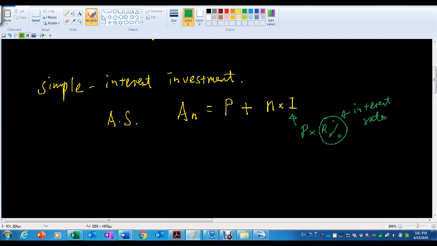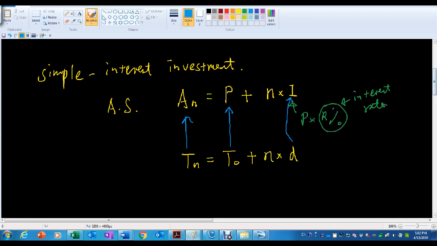Why is this an AS? You can look at it like this: Tn equals T0 plus n times D. Tn means the amount at the end of nth year, T0 means the principal, and D just means the interest. So that's why it's an AS.